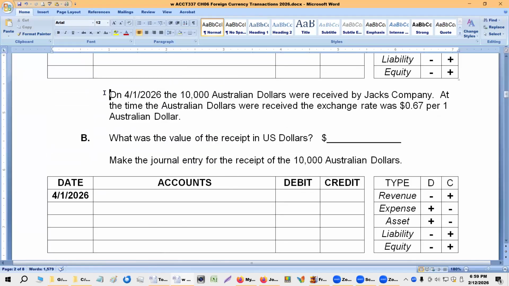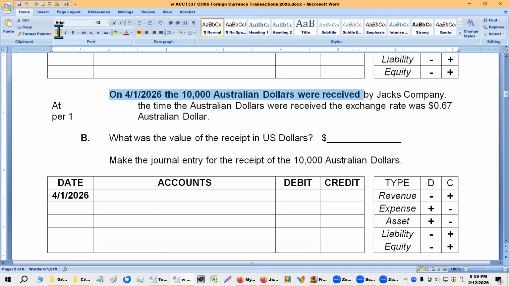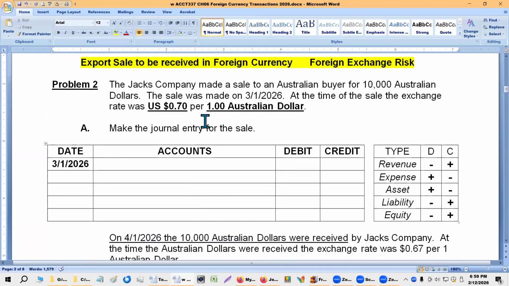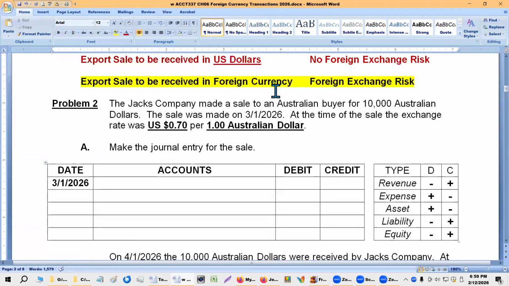We haven't received the dollars. We'll receive the dollars later. I should put that in there, I don't think that's clear. So this was sold on account. I should have put that in there.